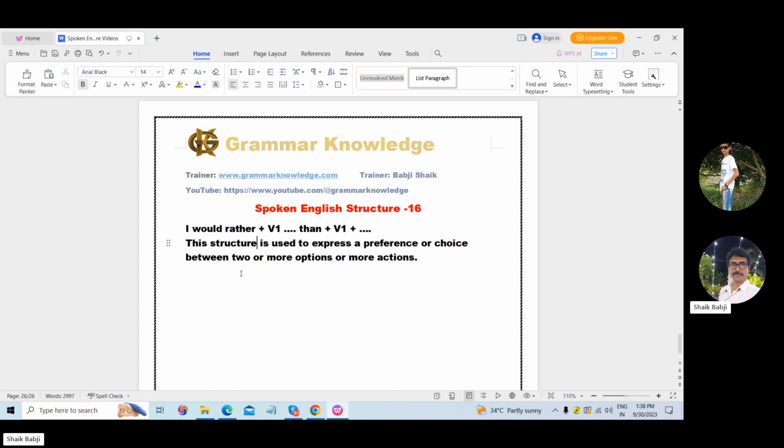This structure is used to express a preference or choice between two or more options or more actions. So this is used for giving preference between two options or between two actions.